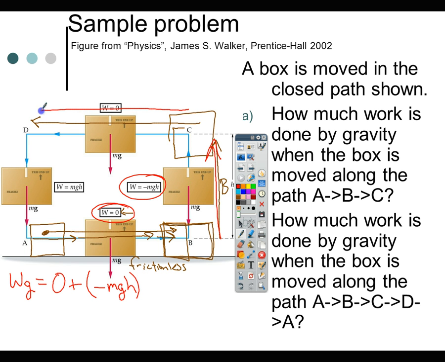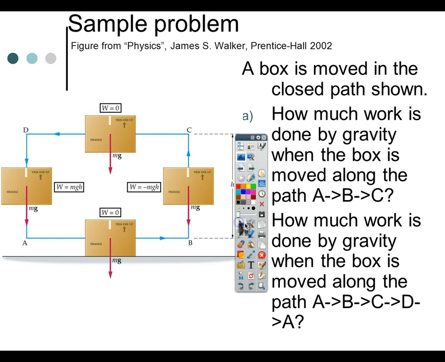And then we move it across this way, and because there's no resistance, that third area of work, where gravity doesn't work in that direction at all, is equal to 0. So when we're done, the work done by gravity for that first part should be equal to negative mgh, and there's your answer for part A.